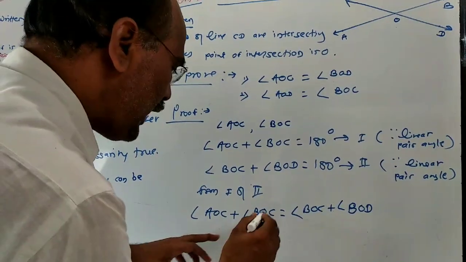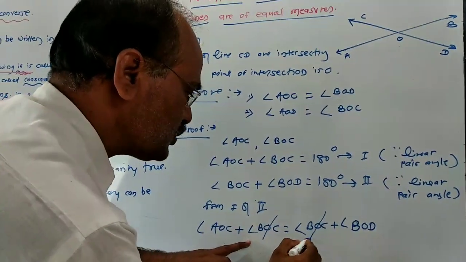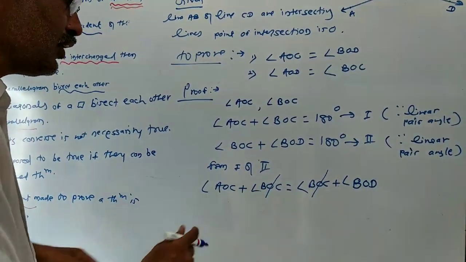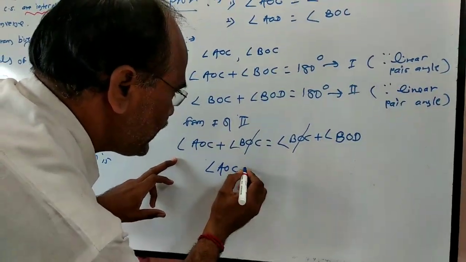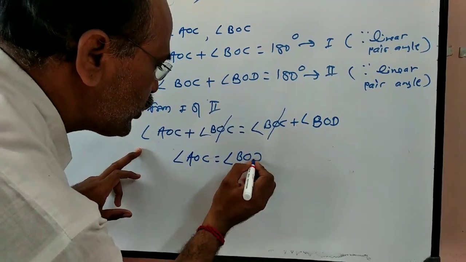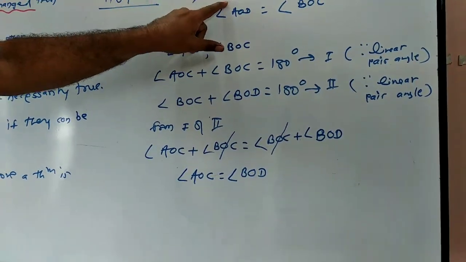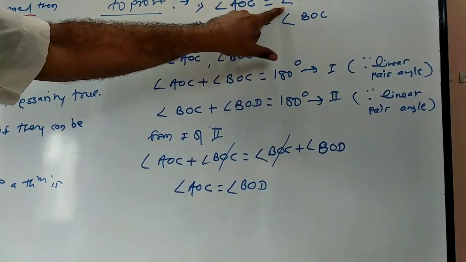Now, angle BOC is eliminated. What is remaining? Angle AOC equals angle BOD. Means angle AOC is equal to angle BOD.